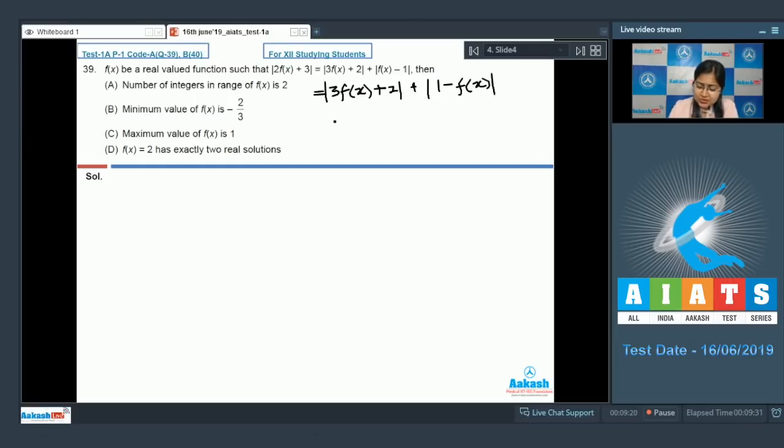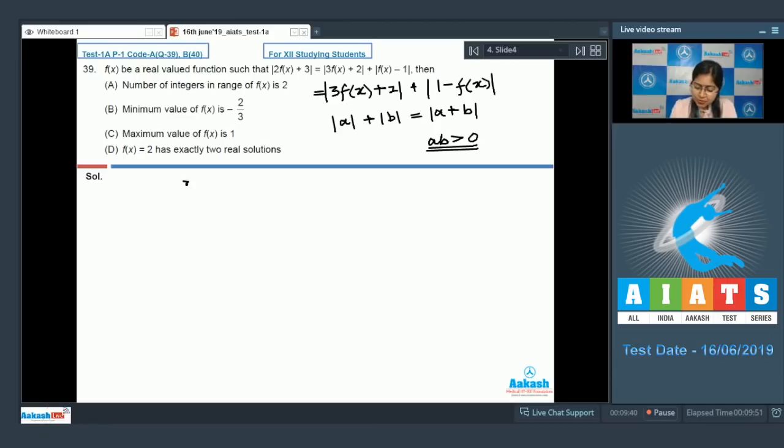So this is written like mod a plus mod b is equal to mod of a plus b. This is what has been written over here. Now it will possess a solution if ab is greater than 0, right? Only then a solution will exist.